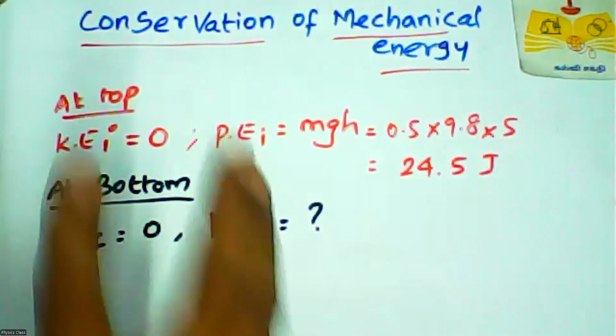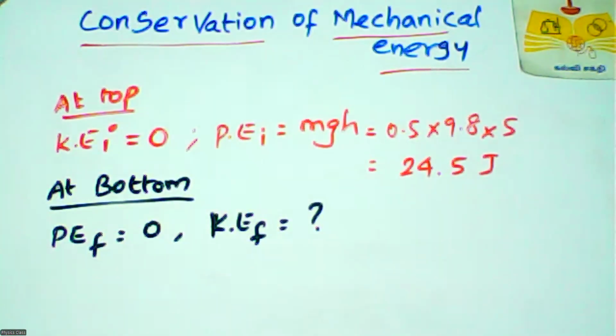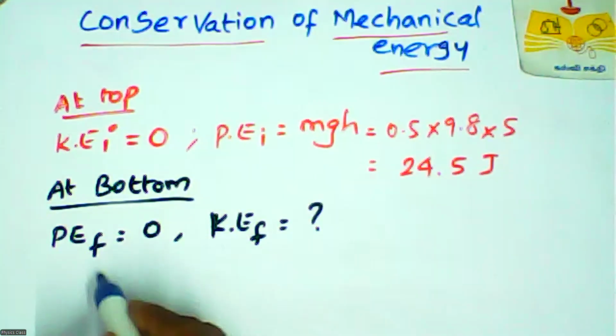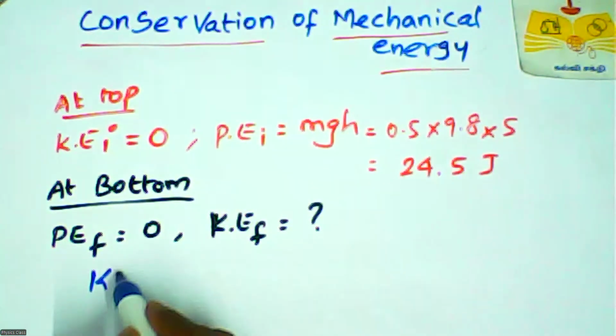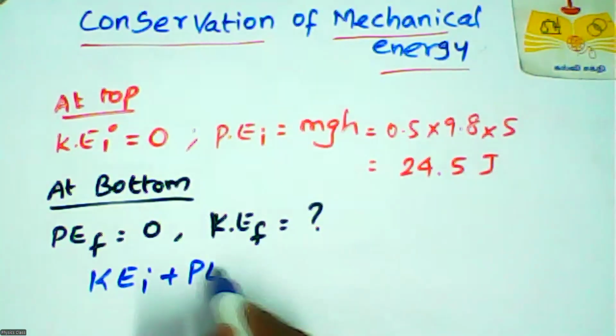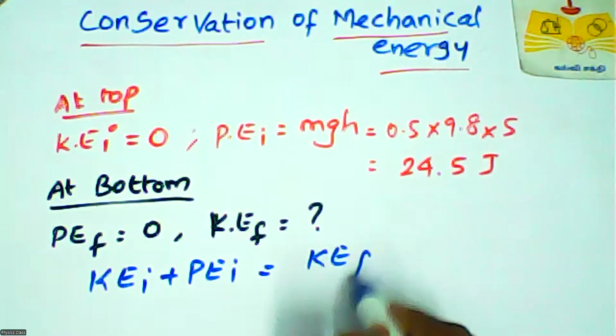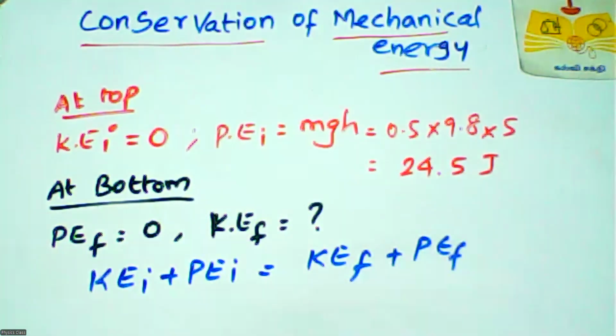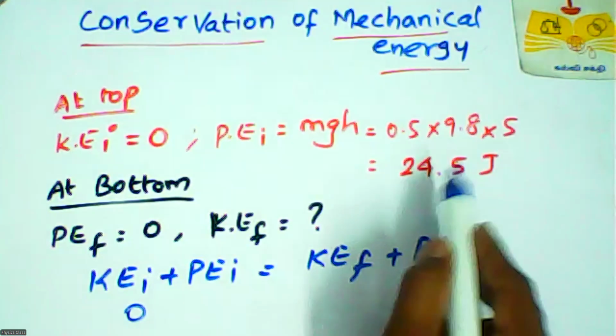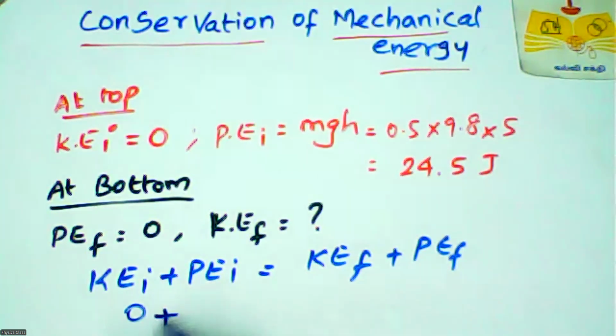So by the conservation of mechanical energy, kinetic energy initial plus potential energy initial equals kinetic energy final plus potential energy final. So KEI is 0, PEI is 24.5 joule.